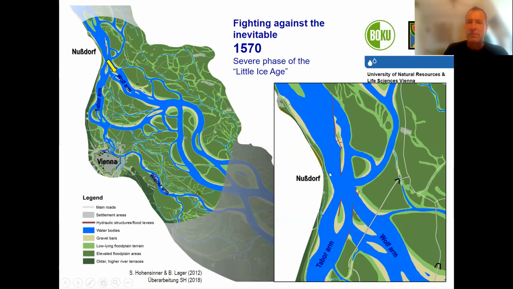So the Viennese authorities tried to block the new main arm with hydraulic constructions and to guide the flow to the old Tabor arm. But you can imagine, they had no success, because at that time the technique they used was not that elaborated.